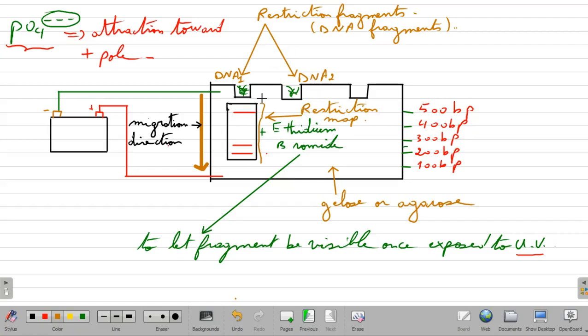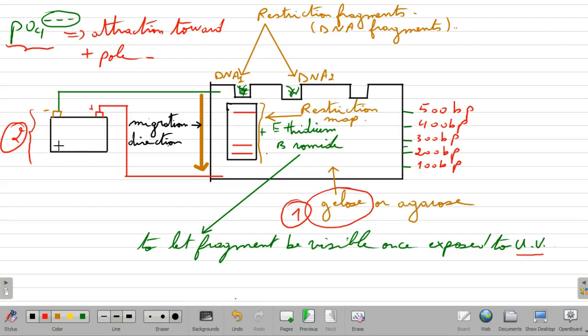Good. Another idea: this technique is what we name gel electrophoresis. Gel, because we are using gels; electrophoresis, because we are using electric current.